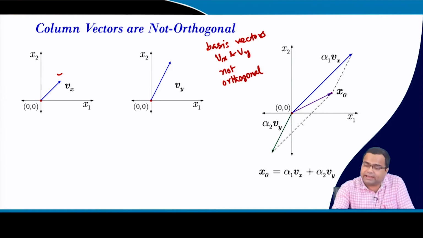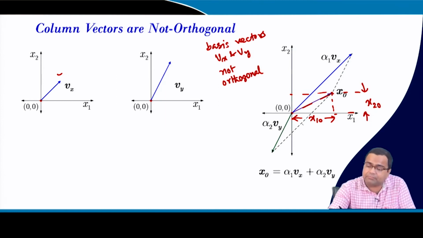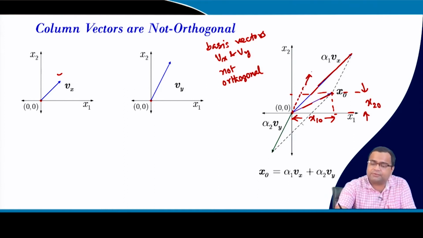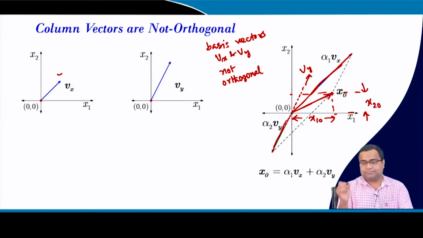Now, if I again take an initial condition which has a distance, let us say, x1 0 from here and a distance x2 0 from here, the resultant vector can be mapped by scaling the Vx vector by alpha 1, and the vector Vy we can span in the negative direction, so that the resultant of this plus this gives x0.